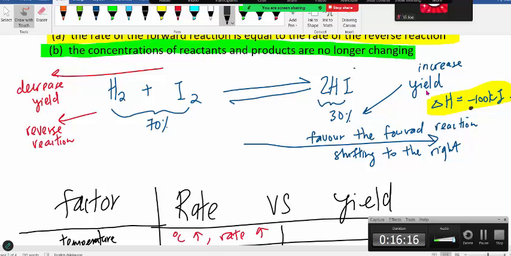Exo is release, endo is absorb. Negative is exothermic, so going this way, it will release heat. If I write positive 50, endothermic, going this way, it will absorb heat. If this way is endo, this way will become exo. If this way is exo, this way will become endo. Get it? It depends.